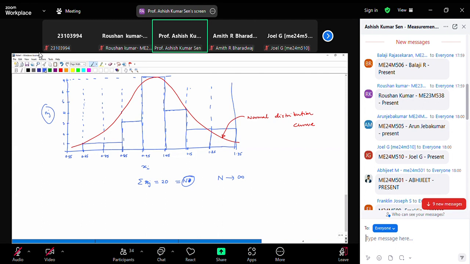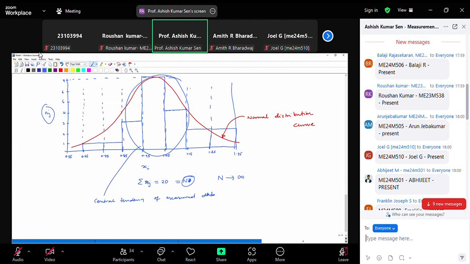That means most of the data is going to be clustered somewhere in the middle, where the mean value is expected to lie. So this also represents the central tendency of measured data.